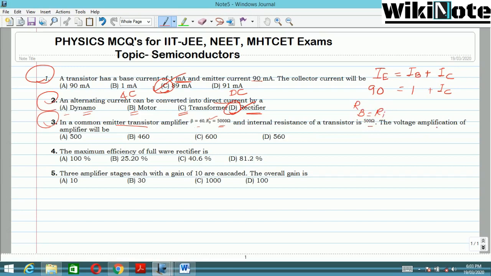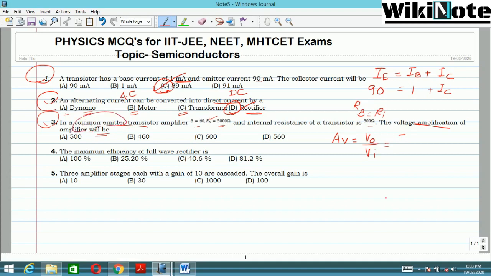The voltage amplification factor is nothing but AV, and it will be given by the formula of output voltage to the input voltage, and output voltage will be given by the formula, if you look at the common emitter transistor.